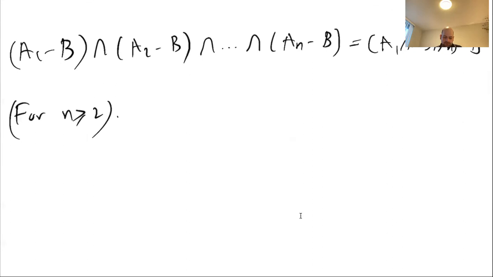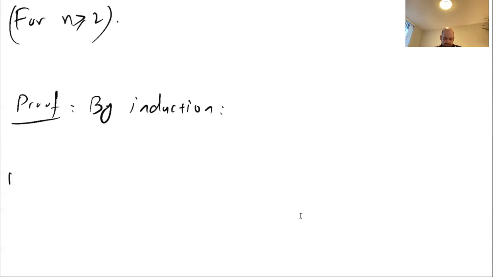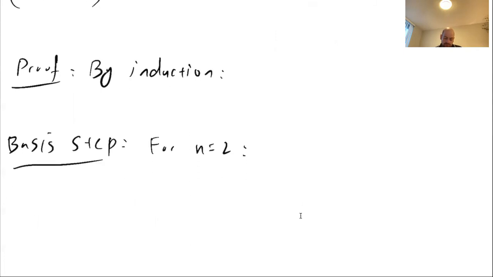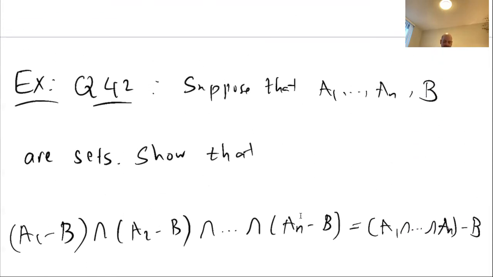Okay, so let's first verify it for two sets. Basis step of proof by induction, for n equals 2. Let's say A1 and A2 are two sets, then let's calculate the left-hand side and compare it with the right-hand side.